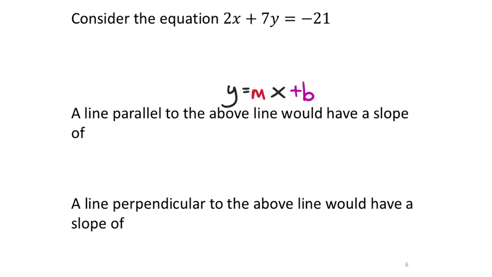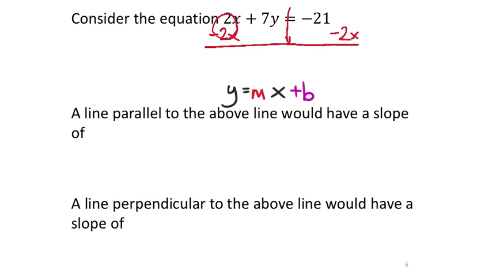So let's do it. I would like to isolate the 7y with the principle of equality. I'm going to do that by getting rid of the 2x, which means I'm going to zero it out, so I'm going to subtract 2x. I'll offset the minus 2x here on the right just a little bit. I'm doing that specifically to show that the -21 is not a like term with the -2x, so I cannot combine those two.